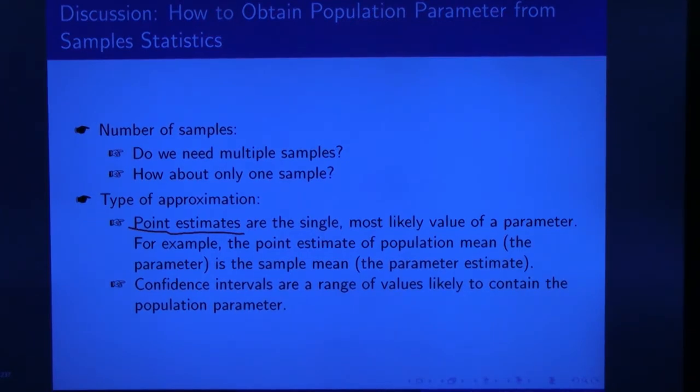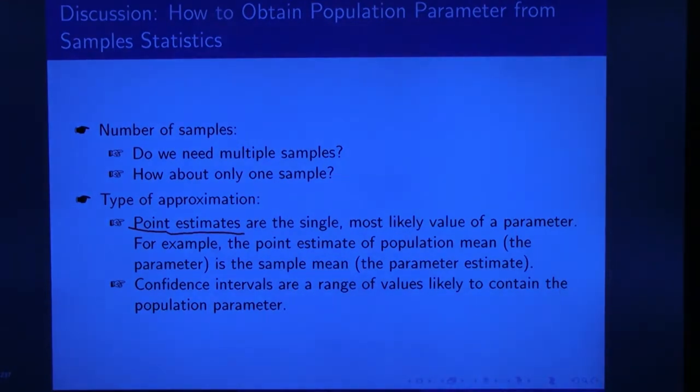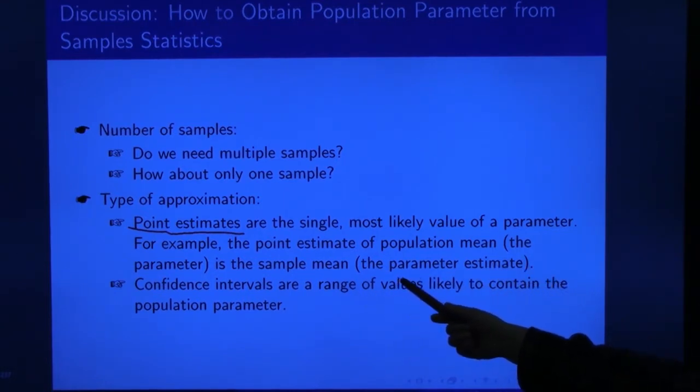For example, I ask, what is your score on your midterm test? You say, okay, I get 90. That is a point estimate. It is the single most likely value of a parameter. For example, the point estimate of the population mean, the parameter, is the sample mean.